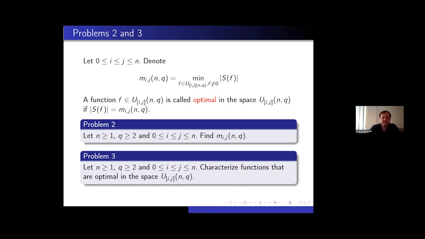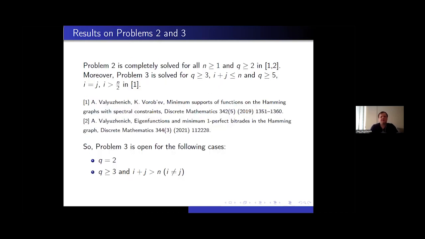Now we briefly discuss results on these two problems. Problem 2 is completely solved for all n and q, and problem 3 is solved for q greater than or equal to 3, and i, j less than or equal to n, and the second case.